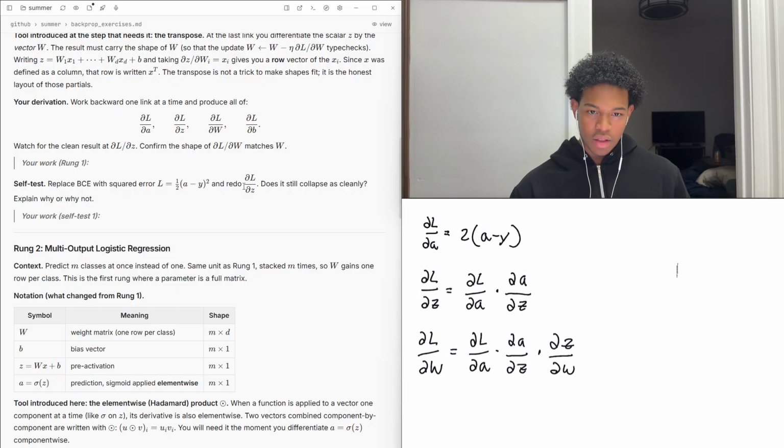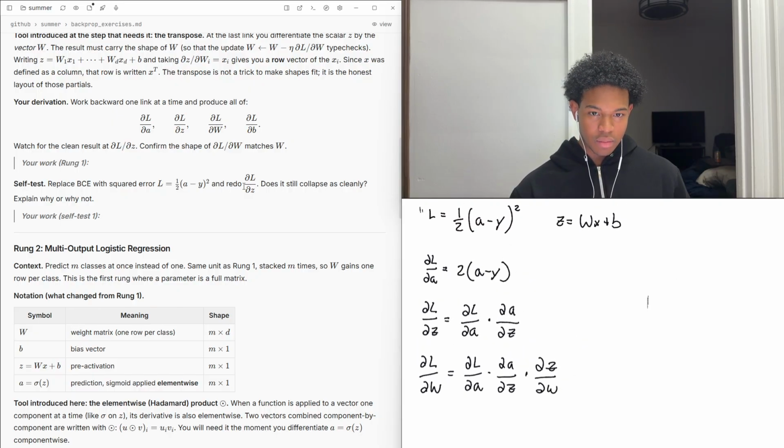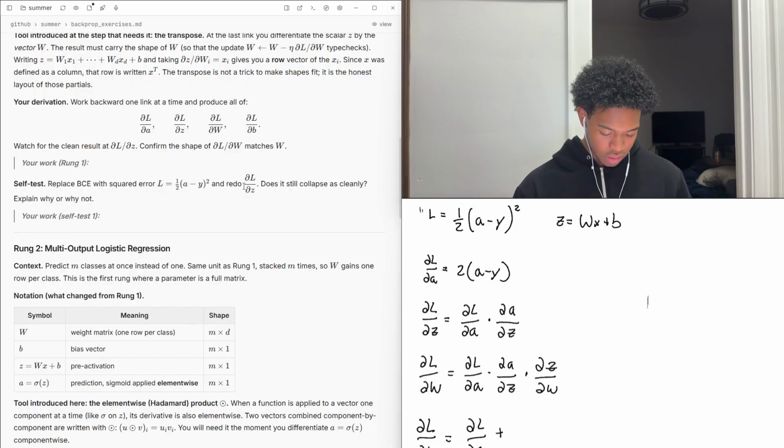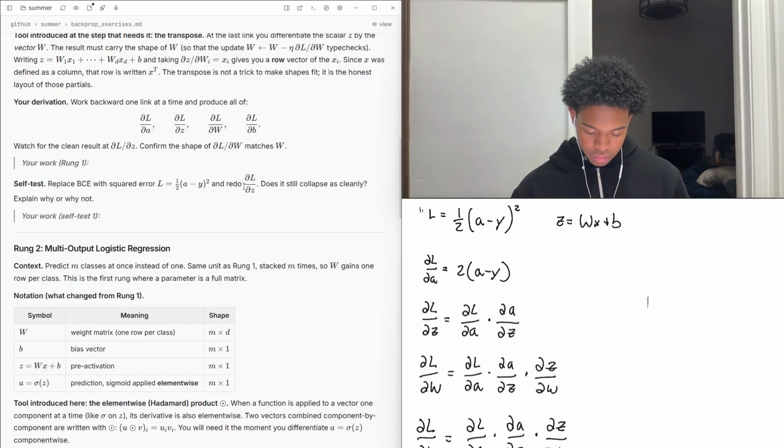Oh, this is getting very familiar. I've definitely done this before. The partial of L with respect to B equals partial L over partial A, not plus, times partial A over partial Z times partial Z over partial B. Yeah.